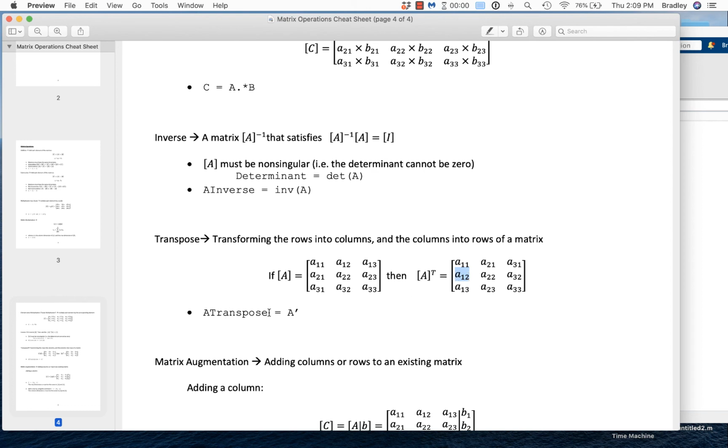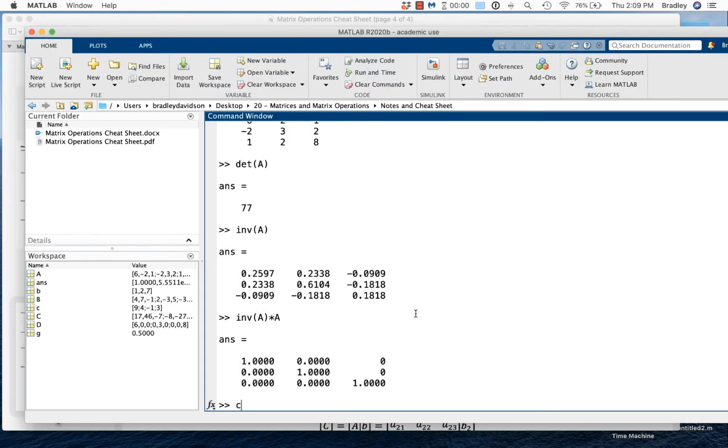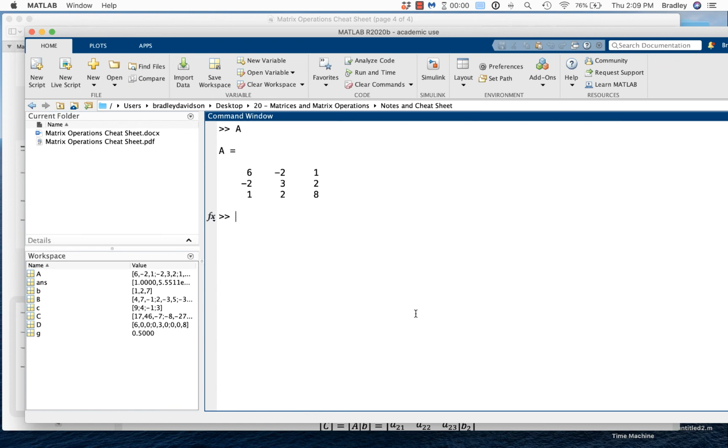And the way that we do this is A transpose is A, and then we give it the single quote, or the A prime. So here's our matrix A, and if we do A transpose, our diagonal terms remain the same. And I guess that's actually not giving us much here, because A is a symmetric matrix.